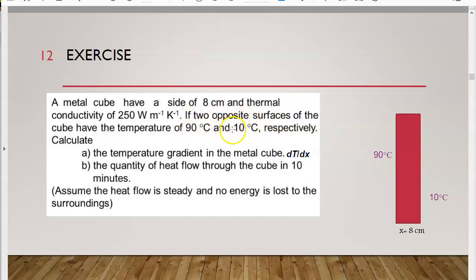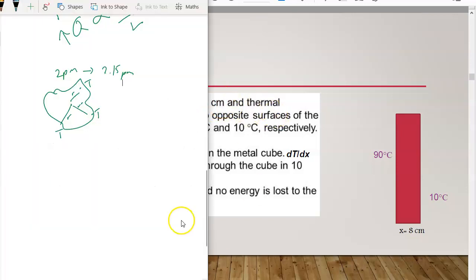You can try to change the values if you like, but you will get the same answer. So for ease, don't change any value except this one. You need to change cm to meter. So just use the given formula, Q equal to kA dT over dx, and you get the answer. Okay, please submit it.